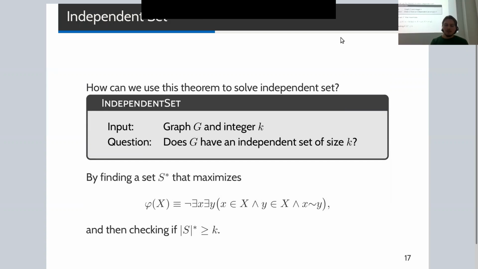So we get the largest set, this maximal set S star that satisfies our independent set formula. And then we can check, is the size of this set larger than K? In other words, is the independent set larger than K? So this is the kind of approach that you use for optimization problems. Are there any questions about this statement or this approach?